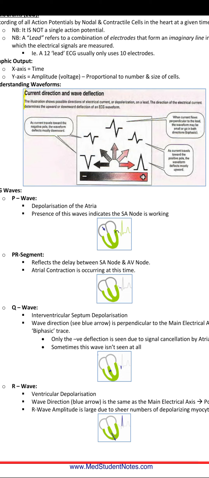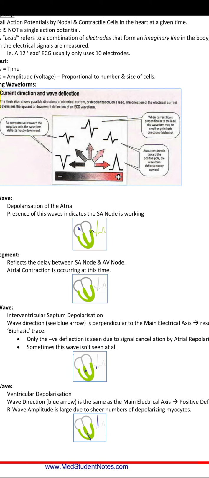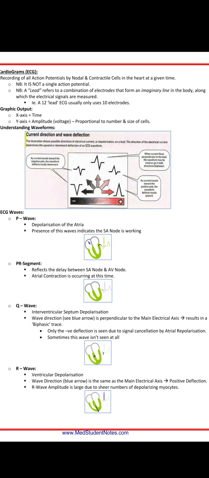In the PR segment, there is SA and AV node delay, and atrial contraction is occurring. So the P wave is where atrial depolarization occurs, after that the atria contract, and in the third wave, the Q wave, if there is a negative Q wave, we can say that the atria has repolarized. Sometimes the Q wave is not easily observed.